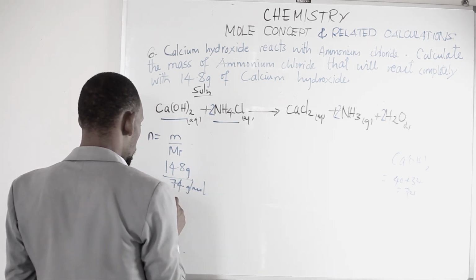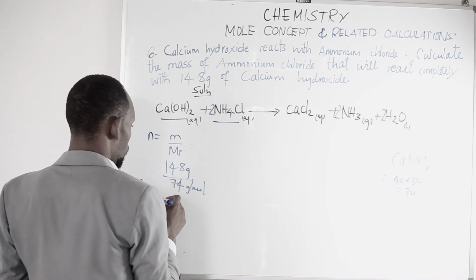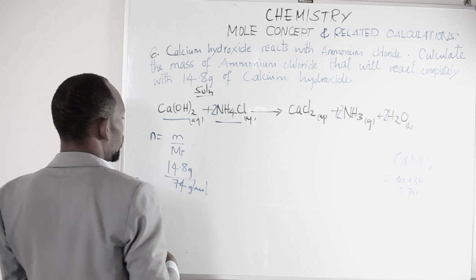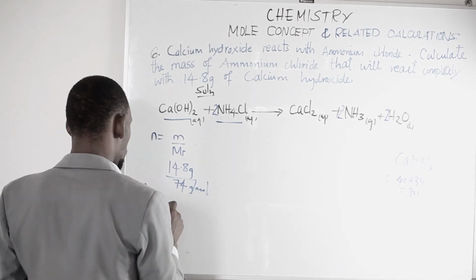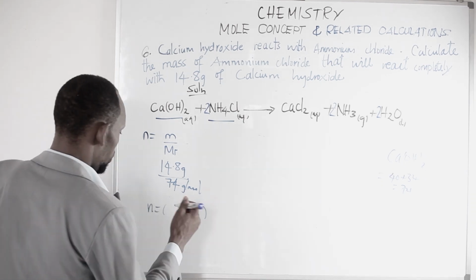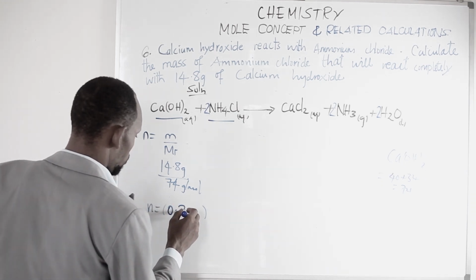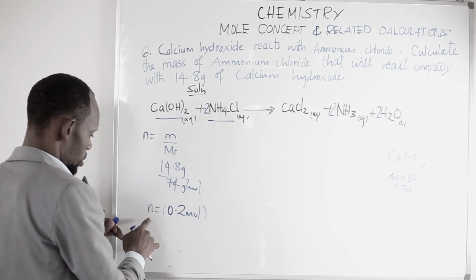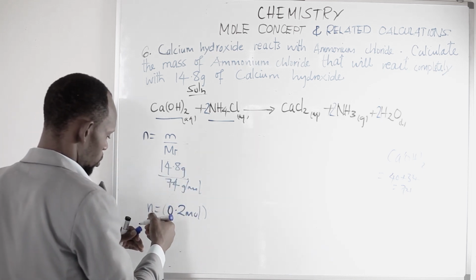Therefore, you can get a certain number of moles. So after dividing this, you will get that the number of moles is equal to 0.2 mole.